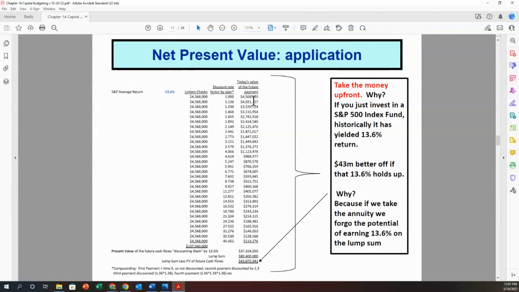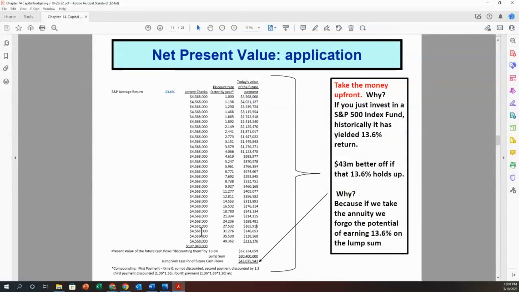So I add all these up, and I said the present value of future cash flows is 37.